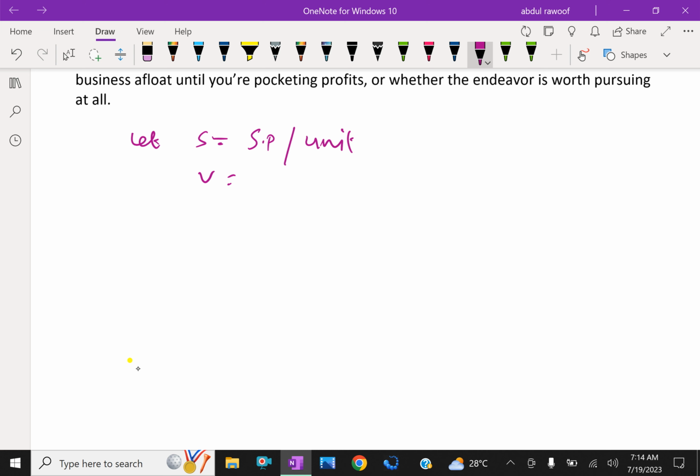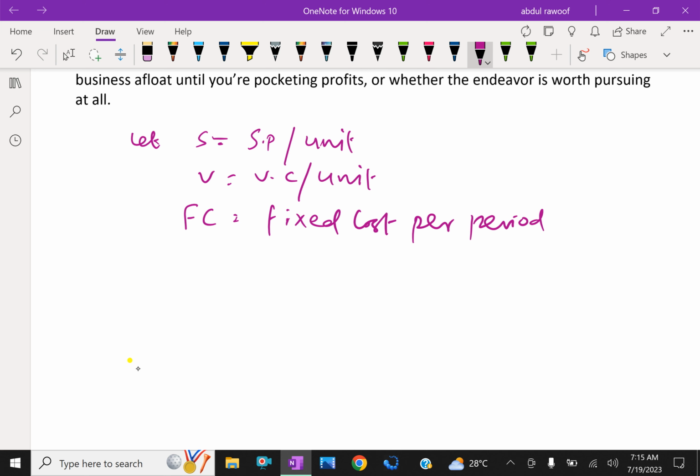V equal variable cost per unit. FC equal fixed cost per period. Q equal volume of production.